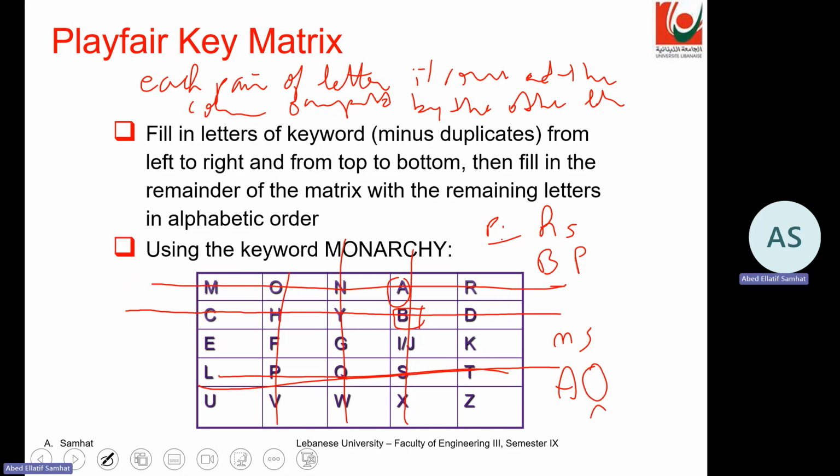So here we deal with the encryption of two letters together.